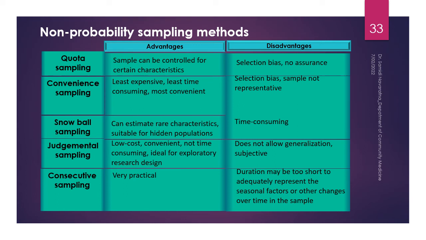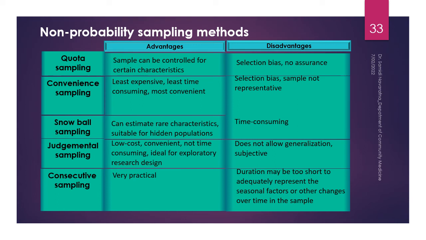Snowball sampling, we have already discussed that it's suitable for hidden populations and therefore it can estimate rare characteristics, and the disadvantage is the time consuming nature of the sampling. Then the judgmental sampling, it would be low cost, convenient, not time consuming, and it would be ideal for exploratory research designs, but the disadvantage is it does not allow generalization and it's very subjective.